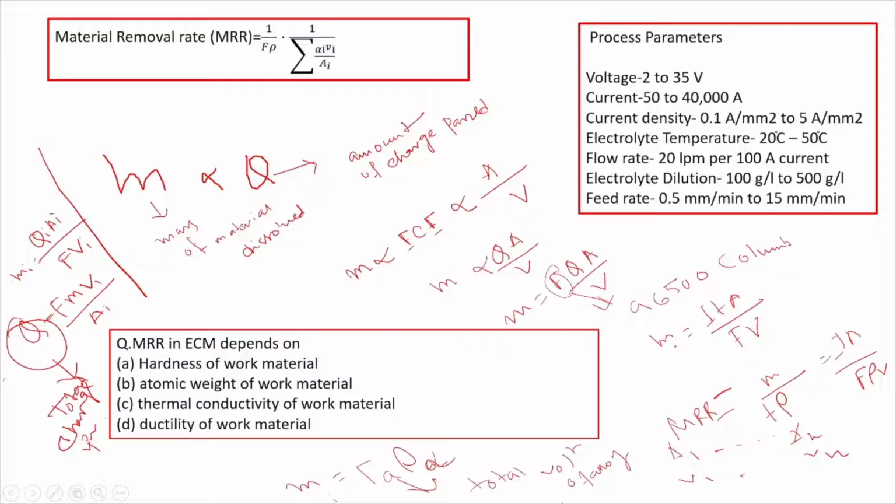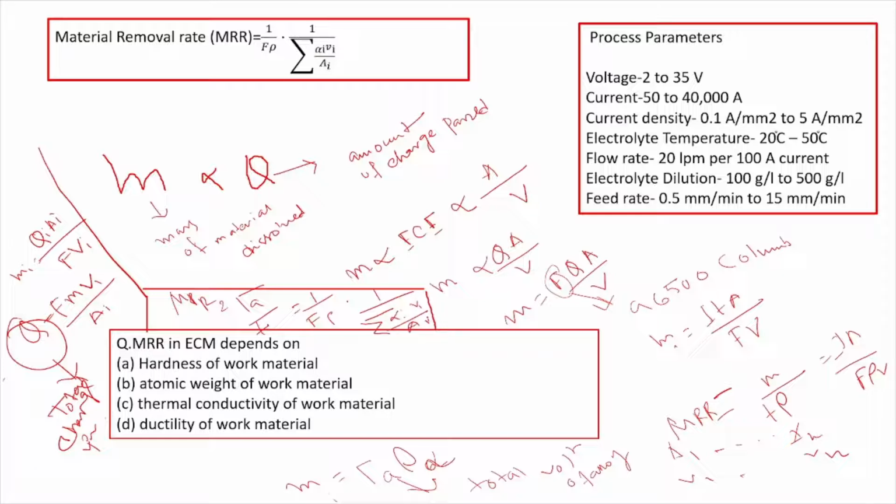Okay, so then if we simplify the equation, then we'll get MRR. That MRR will be, divided by t, that is 1 by F into rho, 1 by summation of alpha i Vi by Ai.